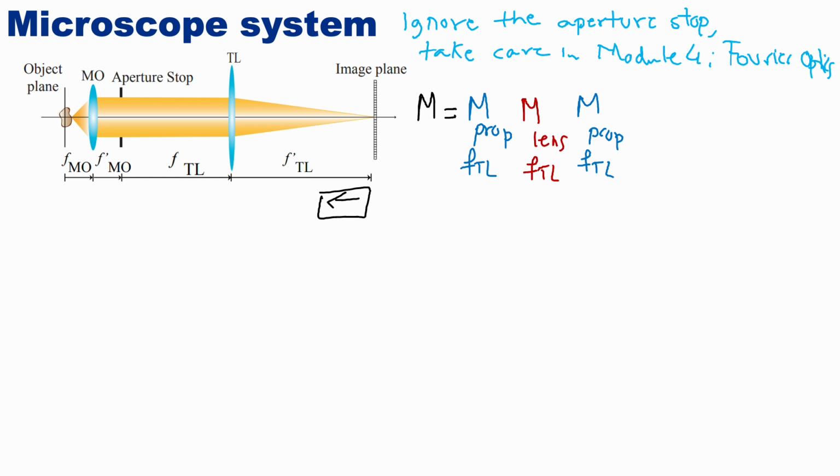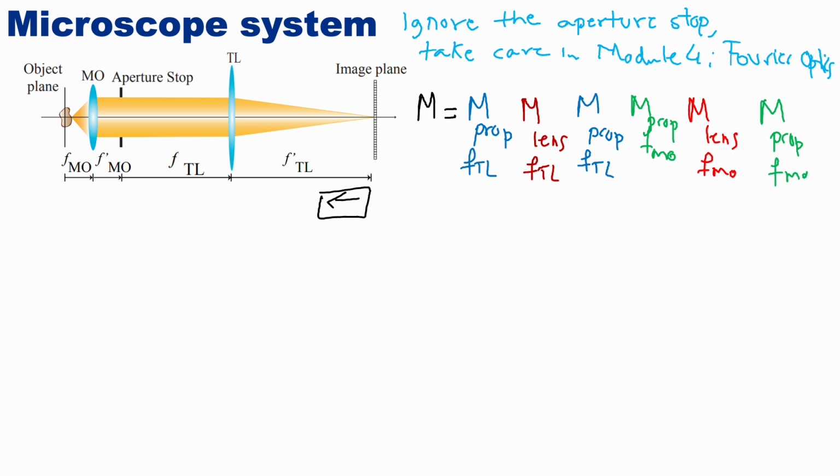After the aperture stop, we're going to propagate a distance FMO, from the aperture stop to the microscope objective lens. Then we meet the microscope objective lens, and we have another propagation from the objective lens to the object plane.